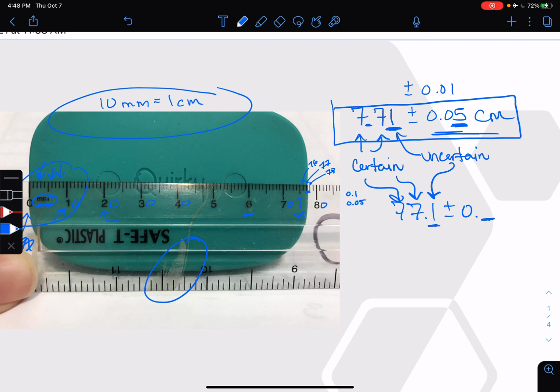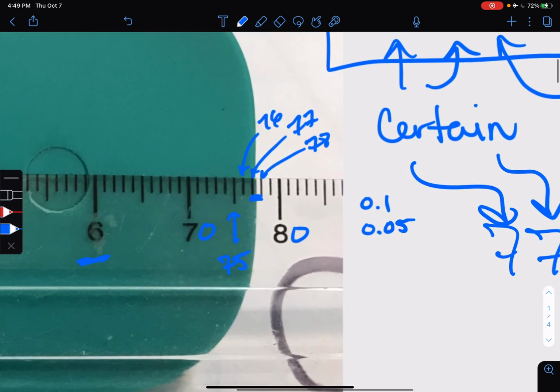So we probably can't make out very well where 77.1, 77.4, 77.8 are. So most of us would just go ahead and put plus or minus 0.5. So not only does that go to the same column that our uncertain number goes to, but the other way to think about this is that we're going by ones here. So we're going 76, 77, 78.